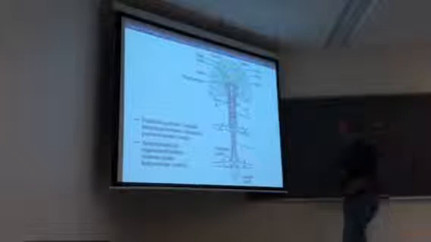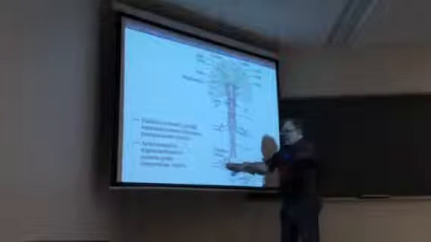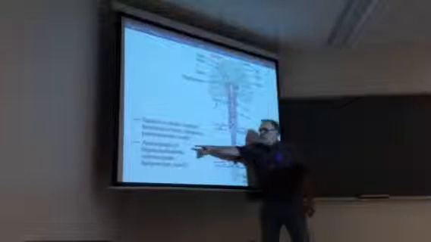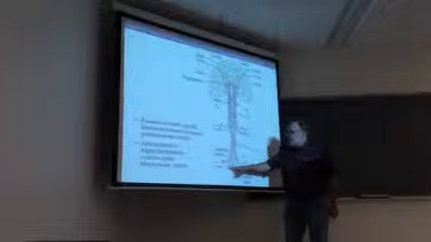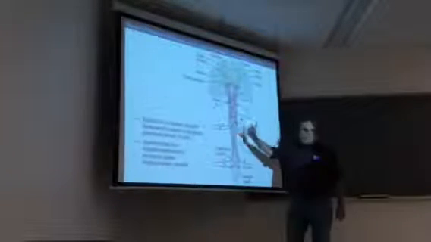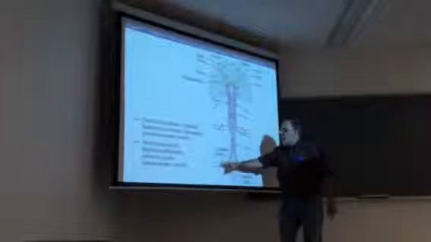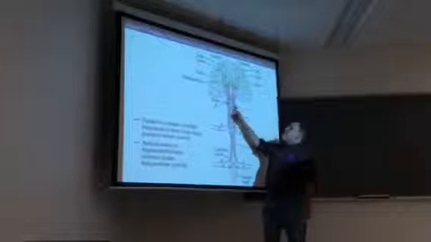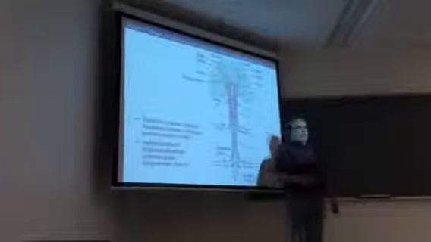So let's just look at what's coming in at the lumbar enlargement here. With the anterolateral, it's in blue, it comes in, it synapses, it immediately crosses and goes up. With the posterior column, it comes in, it ascends, it synapses, crosses over, and goes up.